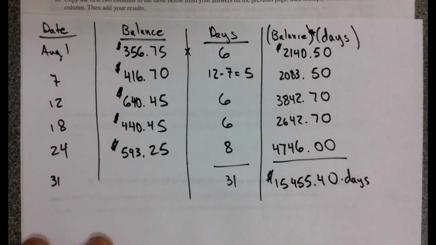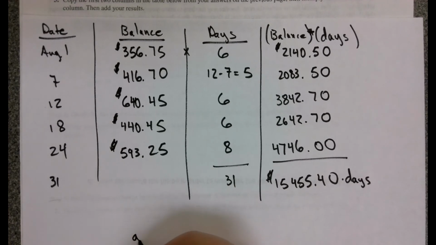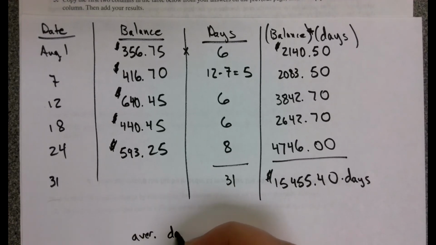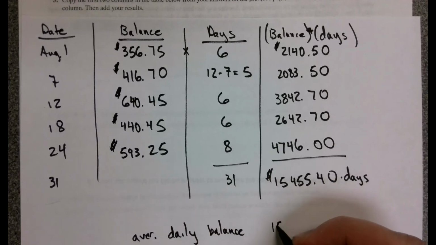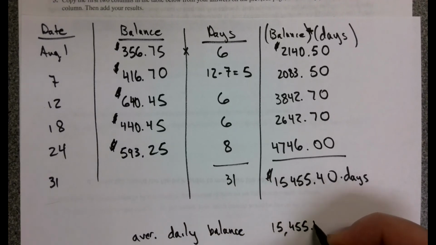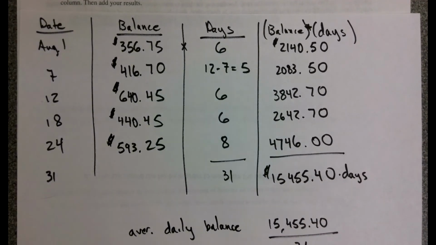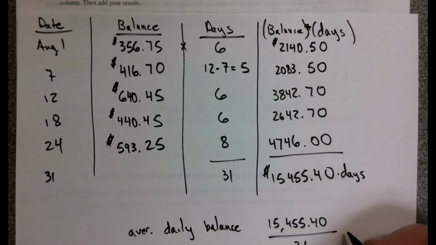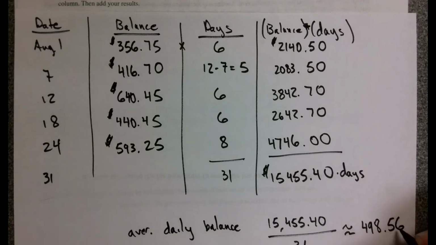And what we're then going to do is take this sum and divide it by 31, and that is the average daily balance. So $15,455.40 dollar-days divided by 31 days, everything cancels out. And we get that your average daily balance is approximately equal to 498.56.